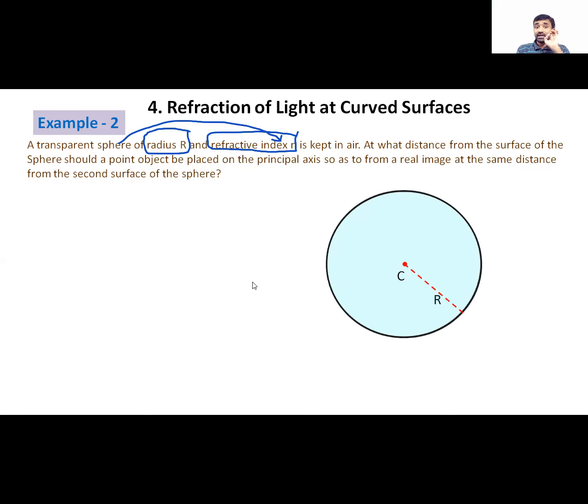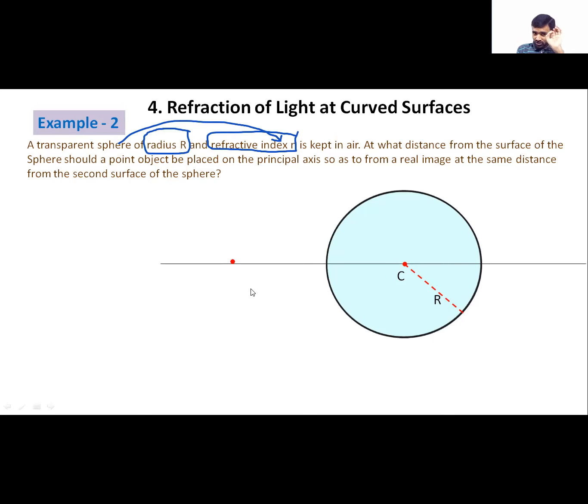Then what is said? The point object is kept on the principal axis. So I have to identify the principal axis. The principal axis is drawn, and the object is kept in air.